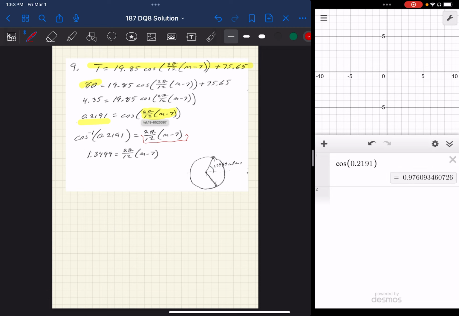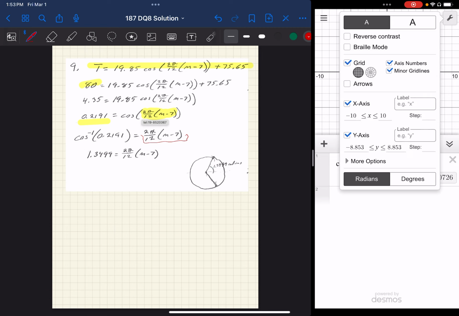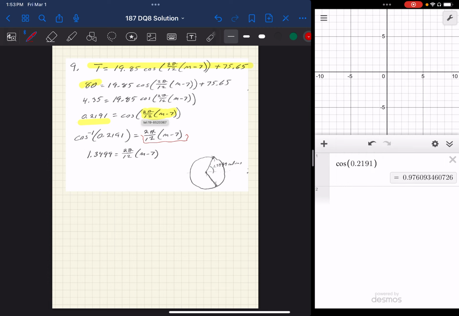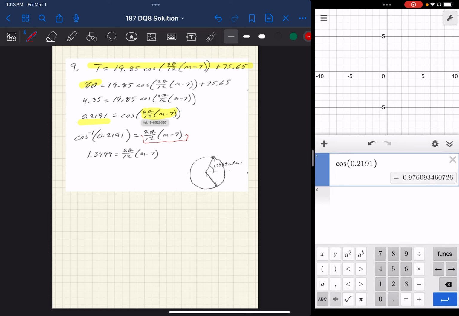So let's come here to my gear. I am in radian mode. Oh, you know what? I put cosine here. Oops, I'm actually looking for the inverse cosine. So let me go back over here and put in this -1 because I'm looking for the inverse cosine of 0.2191, not the cosine of that value. And there I found that. My inverse cosine is 1.3499.